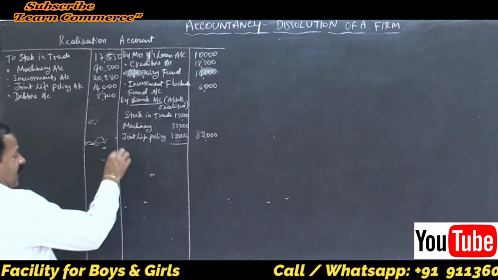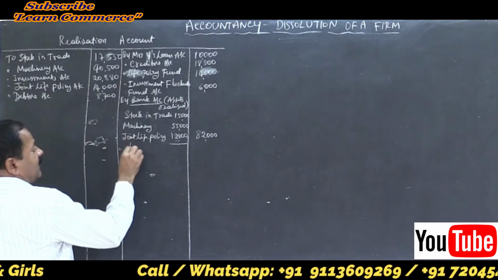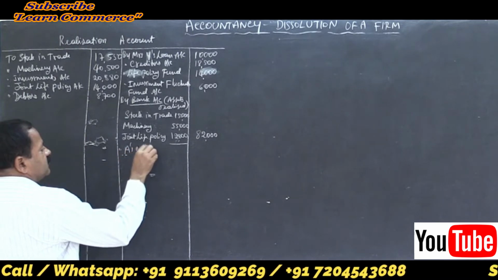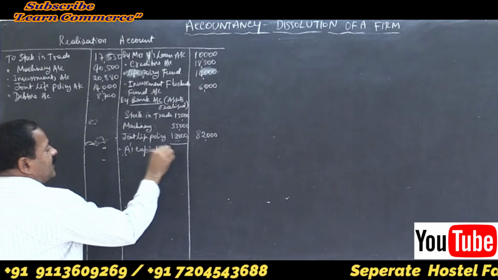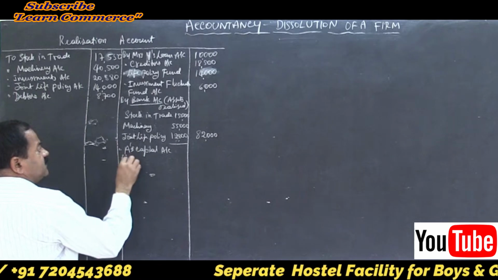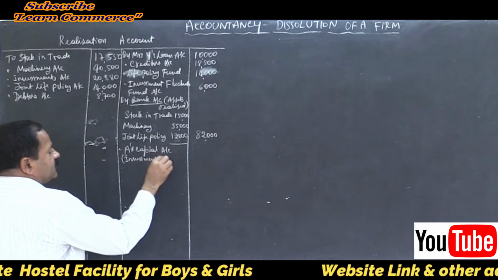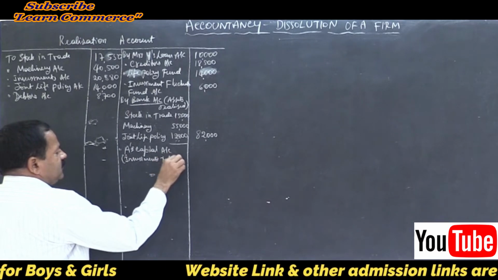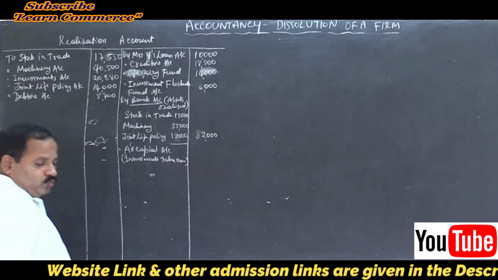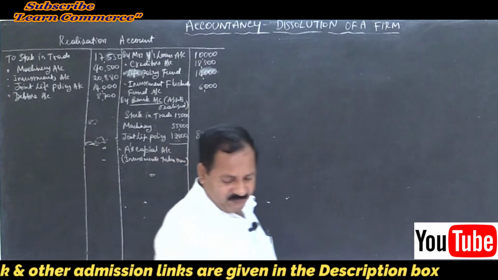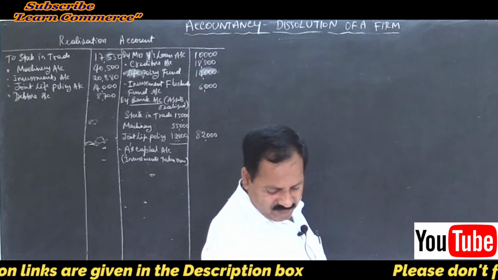Then investments taken over by A, right? By A's capital account. Investments taken over. What was the price of investment taken over? What's the value?